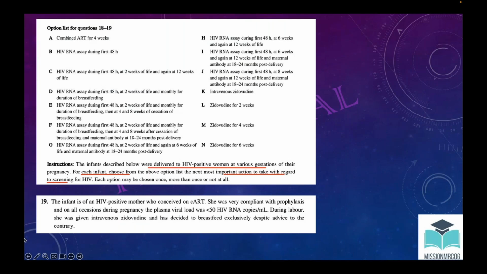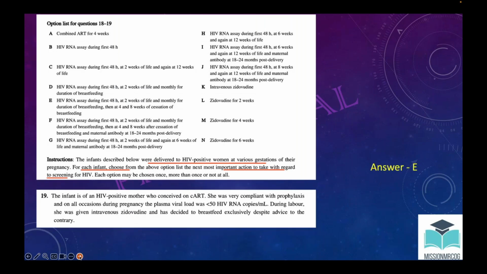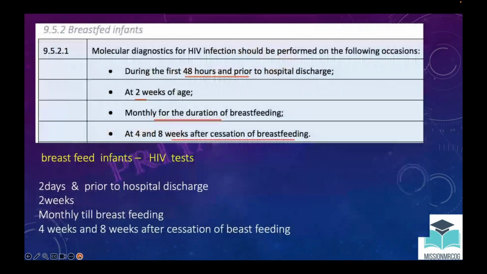Now it will be F, breastfeeding. 18 to 24 weeks will not do antibody. 2 weeks, monthly, and 4 and 8 weeks. Antenatal antibody at 24 to 28 weeks. These are the HIV tests for breastfed infant.